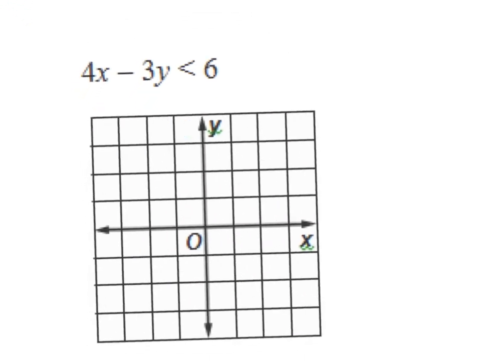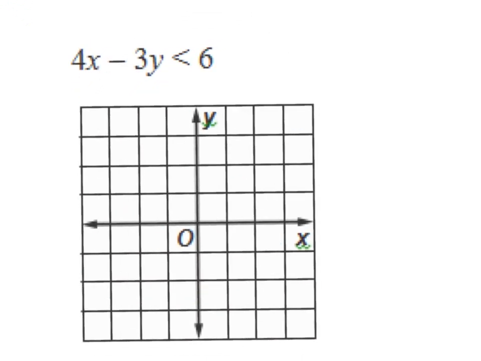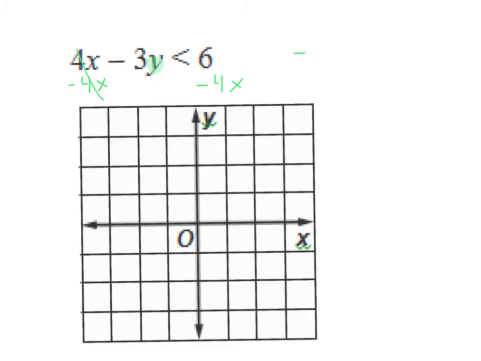Okay, so on this guy, we've got to make sure that we solve for y, right? We've got to isolate that y. So to isolate that y, I'm going to start by subtracting that 4x over to the other side. So I get -3y is less than -4x plus 6, and then you're going to divide everything by -3 to isolate that y.